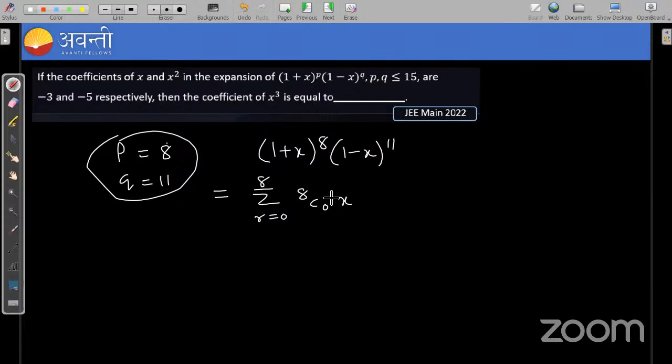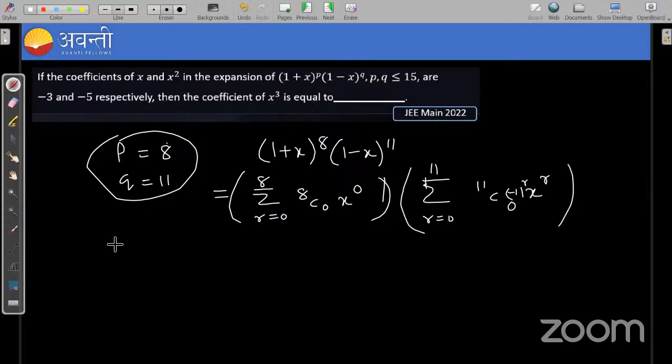Okay, so 8C_r x to the power r into summation R equal to 0 to 11, 11C_r x to the power r, with minus 1 to the power r. Now guys, you can easily calculate.